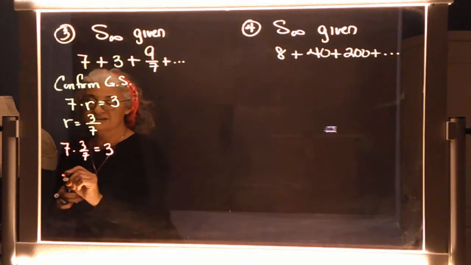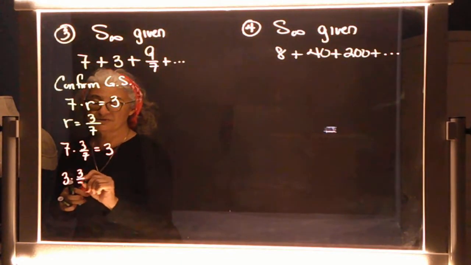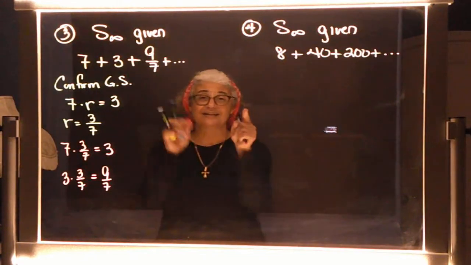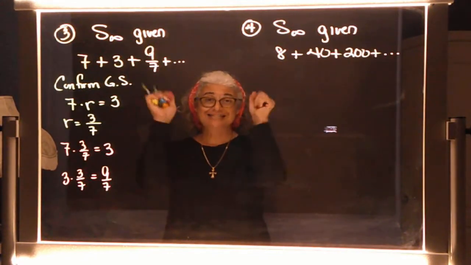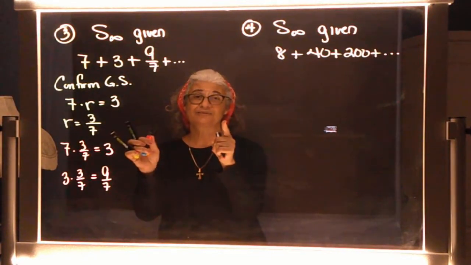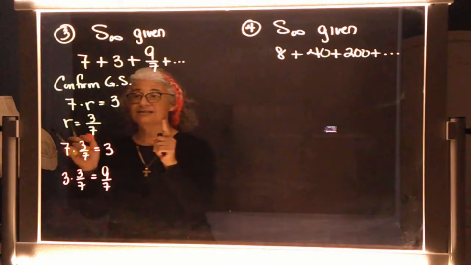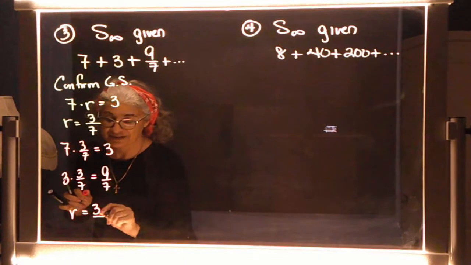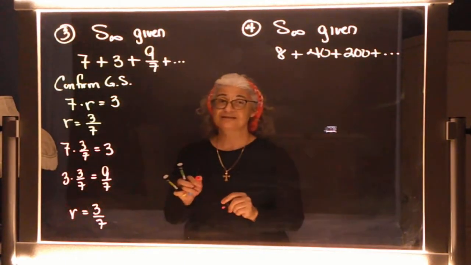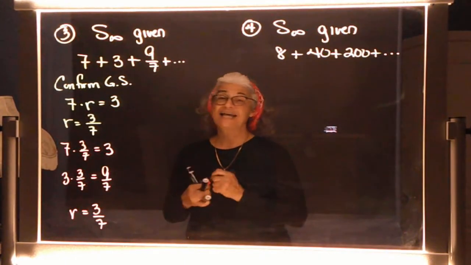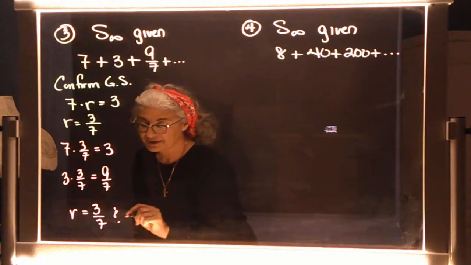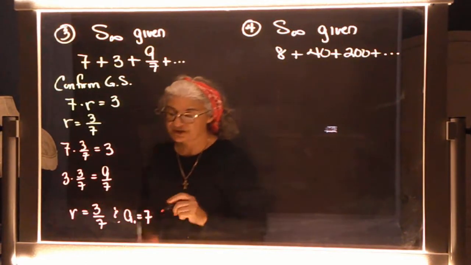If I take the second term of 3 and multiply by 3/7, that gives me 9/7, doesn't it? Aha! I got the third term. So this is definitely a geometric sequence, and my common ratio is 3/7. Oh, and a sub 1 is 7, right?